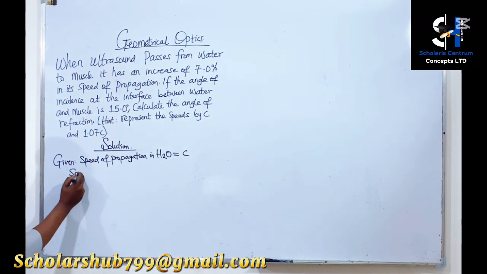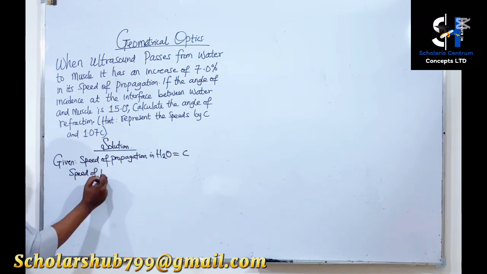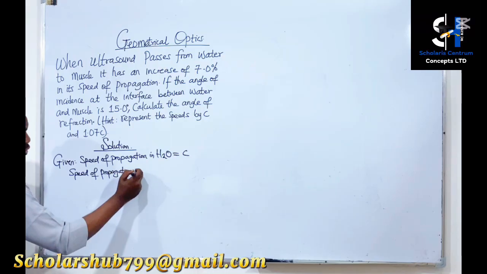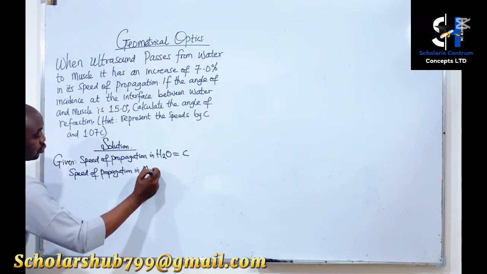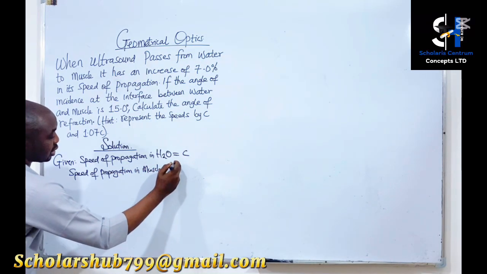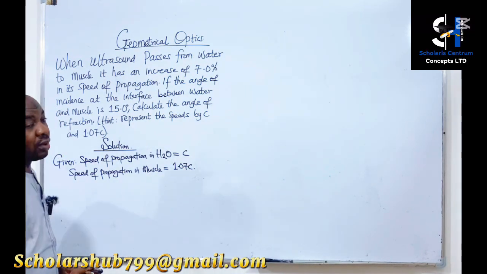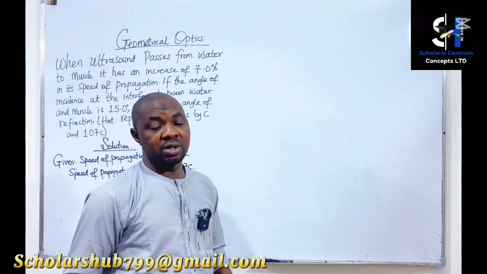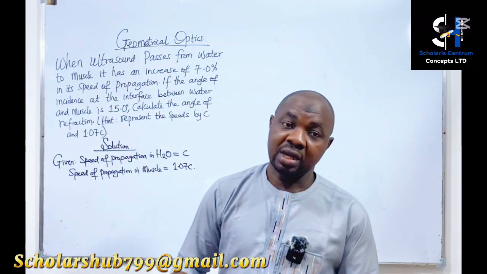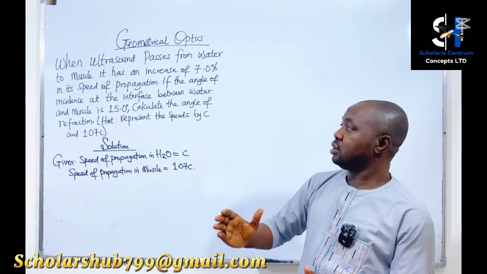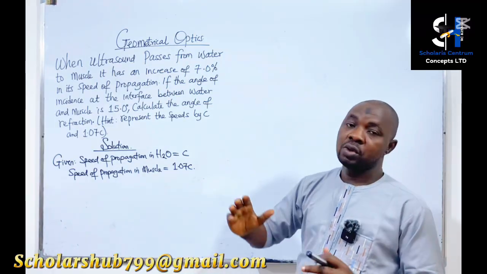We are also given the speed of propagation in muscle, that is 1.07 c. It is 1.07 c because it increased by 7.0% when it passes from water to muscle.